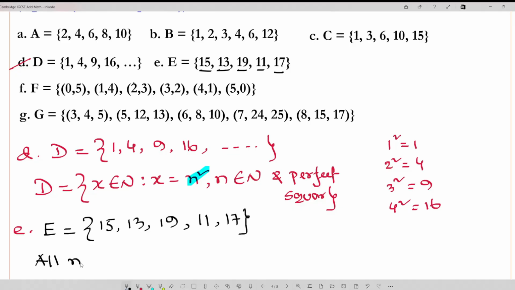All numbers are what? All numbers are natural. Natural and prime number.